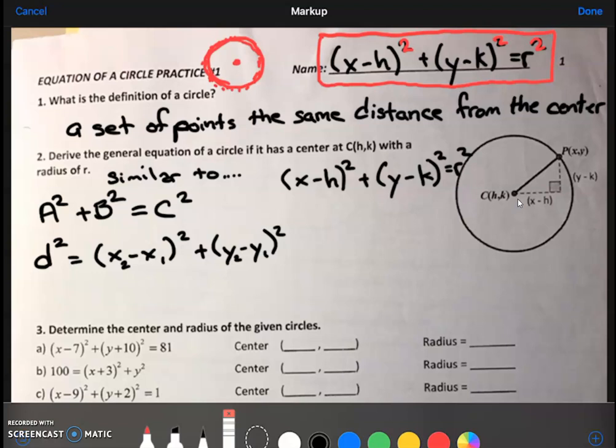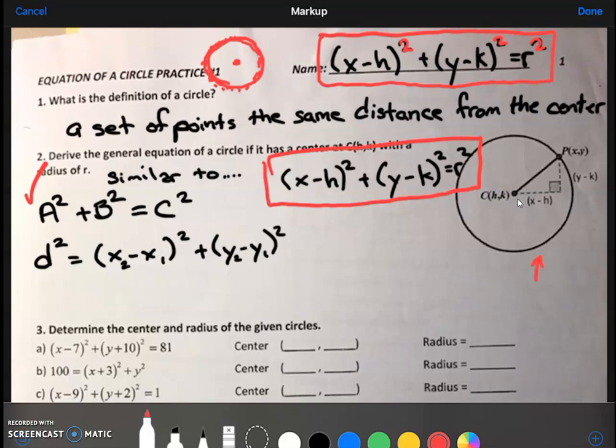This big formula that we're going to use today, x minus h squared plus y minus k squared is equal to r squared, is basically similar to the Pythagorean theorem, a squared plus b squared is equal to c squared. You can see the picture of a circle to the right.